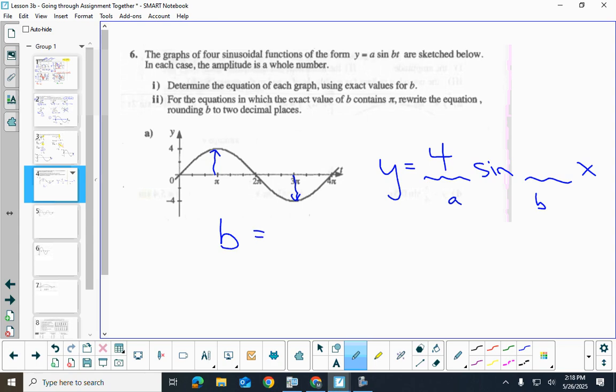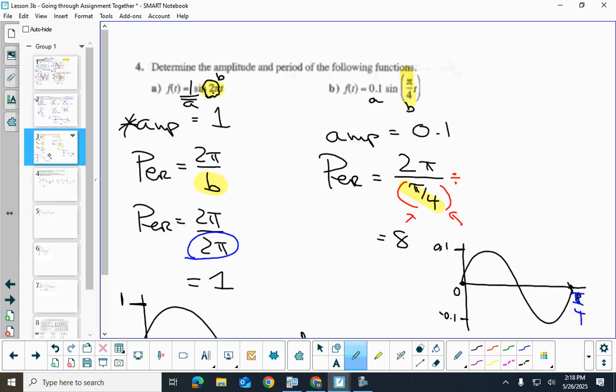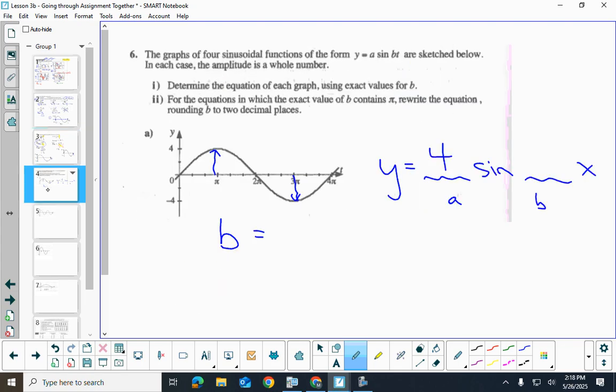So we have to take that little formula. This formula right here, period equals 2 pi over B. We're going to take that and swap these 2 things around. So we're going to go shoop, like that. Instead of it being 2 pi over B, we're going to write 2 pi over period.